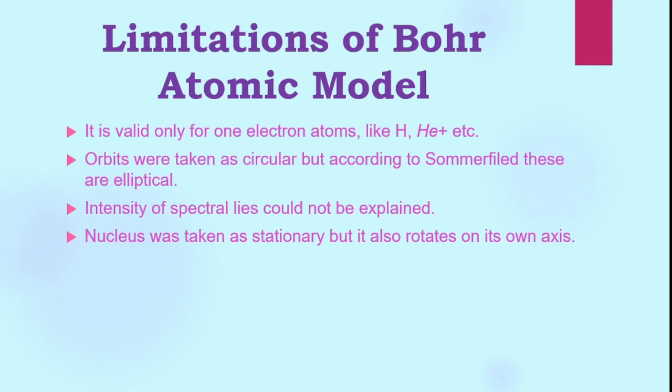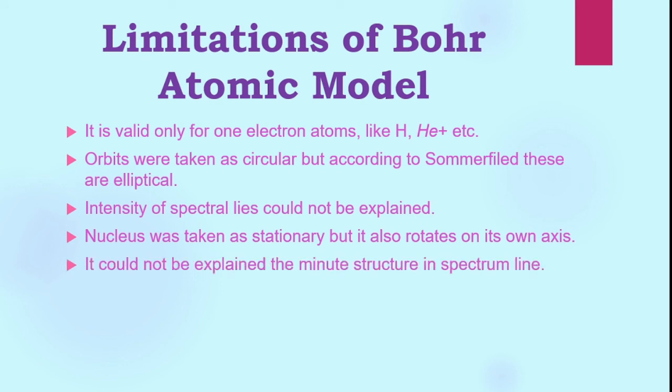Next, the nucleus was taken as stationary, but it also rotates on its own axis. In the Bohr model, the central part is taken as stationary, but it is not at all stationary. Everything in this universe is in motion. The minute structure in spectral lines, that is, the fine structure of atoms, cannot be explained by the Bohr atomic model.